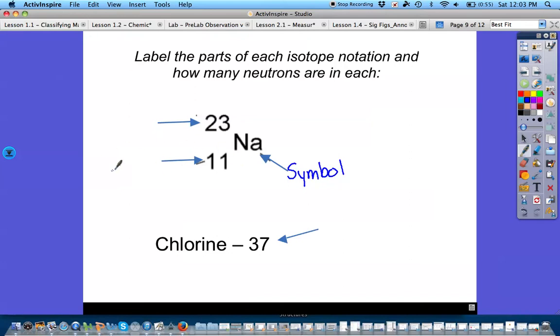So the number here on the bottom is the atomic number. And then this top number is our mass number. Here in our other isotope notation, when you have the name dash a number, this number is the mass number.